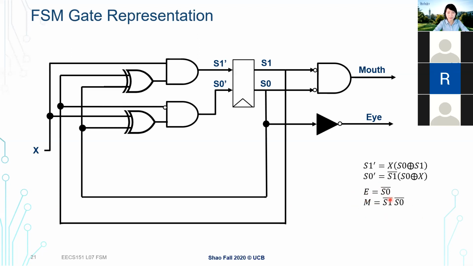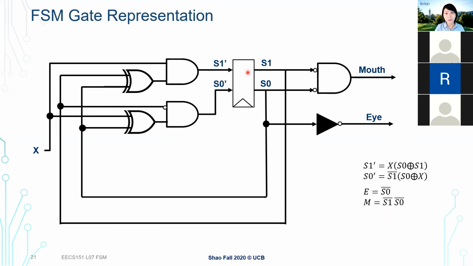So if we look at our gate level representation, or a potential circuit to represent this finite state machine, the first thing we see is the flip-flop. It should actually be 2 flip-flops here to store the states of our circuit, S0 and S1. And then we'll have 2 combinational logic blocks.